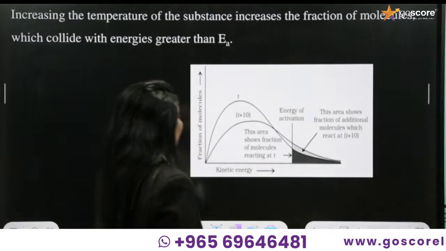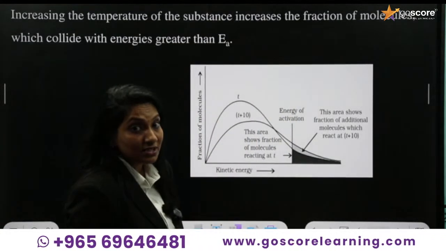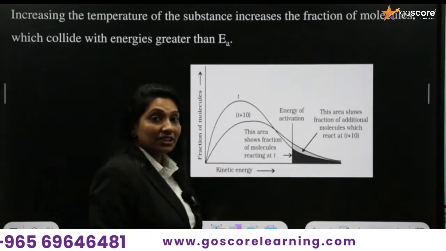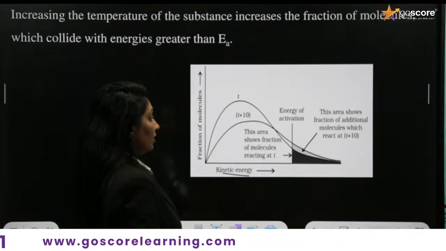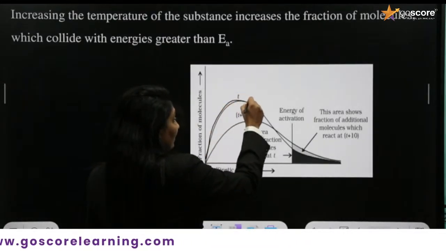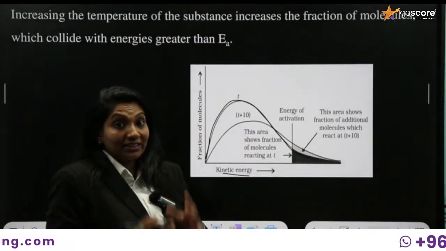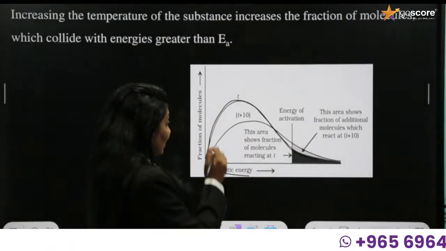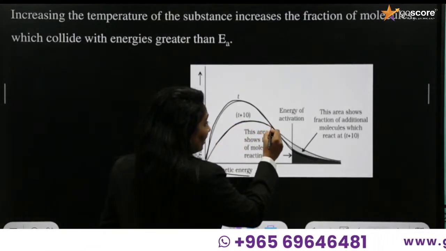Okay. See, when you plot a graph of the fraction of molecules having the activation energy against the kinetic energy, we can see that when the temperature is T, the curve will be like this, isn't it? When you increase the temperature, you can clearly see from the graph that the curve broadens.